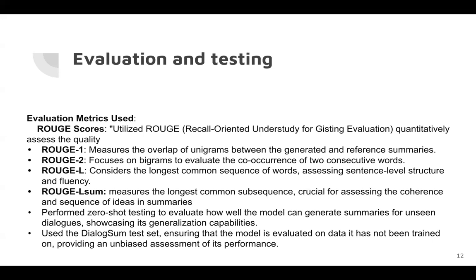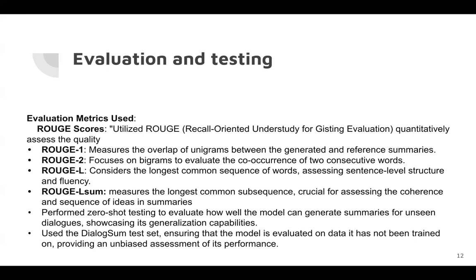There are several ROUGE metrics: ROUGE-1, ROUGE-2, ROUGE-L, and ROUGE-Lsum. ROUGE-1 measures the overlap of unigrams between generated and reference summaries. ROUGE-2 focuses on bigrams to evaluate the co-occurrence of two consecutive words. ROUGE-L considers the longest common sequence of words, assessing sentence-level structure and fluency. ROUGE-Lsum measures the longest common subsequence, crucial for assessing the coherence and sequence of ideas in the summary.